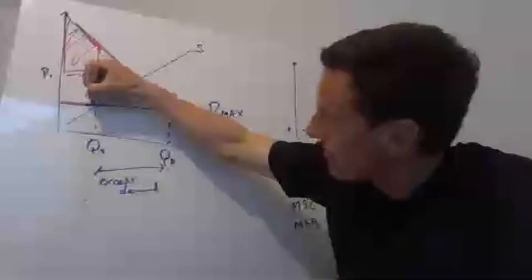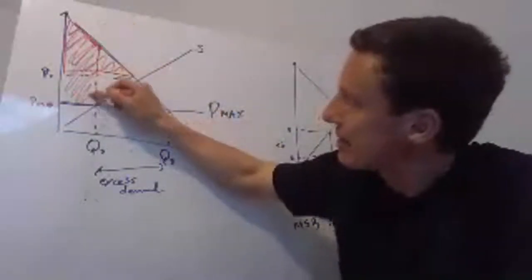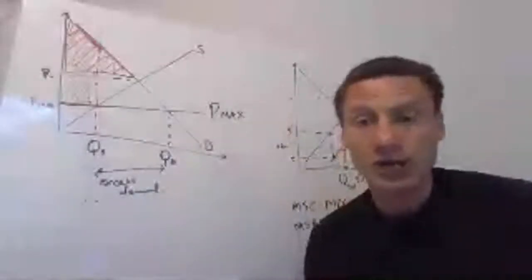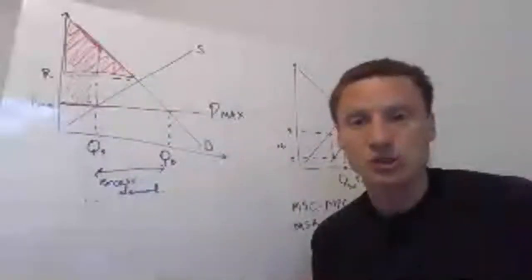They do, however, purchase at Pmax. So it's the difference between what they were willing and able to pay and what they did pay, Pmax. So it is this area here. Now, depending on whether the red area is bigger or smaller than the orange area, you get your answer. It'll vary depending on how far you push the price max down.